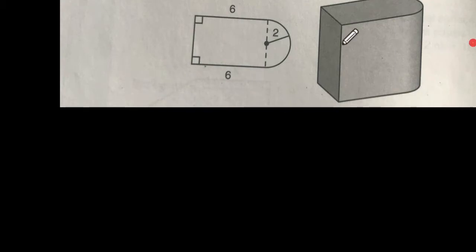So we're going to find the area of the base, which is going to be 6 times, oops, got distracted by somebody. Okay, so it's going to be 4 times 6. Oh, I shouldn't erase that. We needed that. So the area of this is 24. The area of this is pi r squared, which is going to be pi times 4.